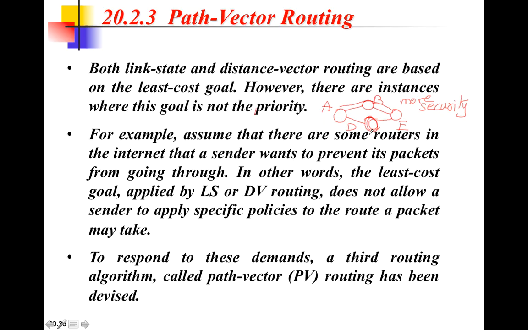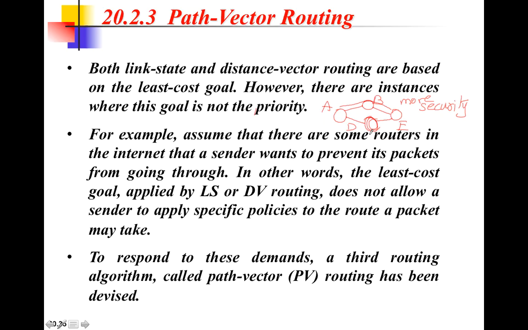And this is necessary because sometimes we don't want our network packets to go into someone else's networks, like rival networks, or we could have, for example, geographical boundaries. We don't want to have the packets of a certain region entering another region for security reasons.